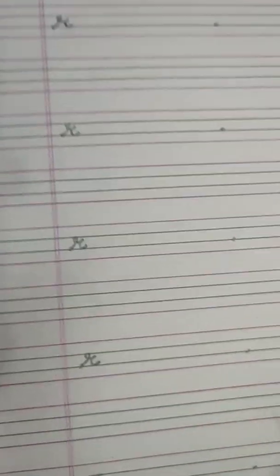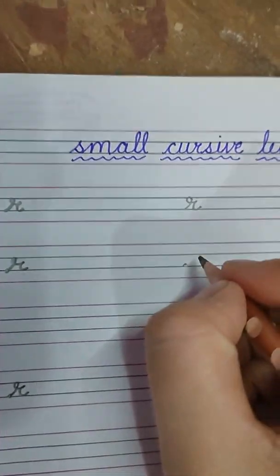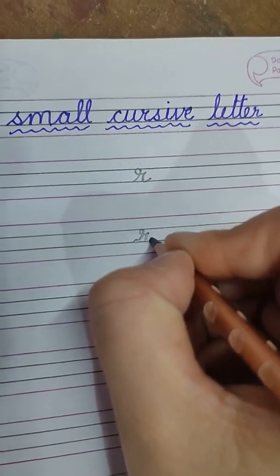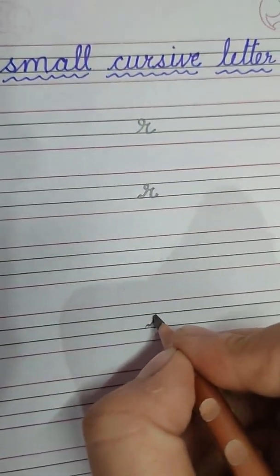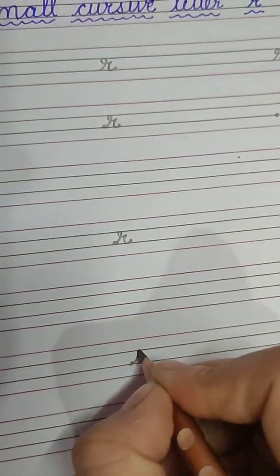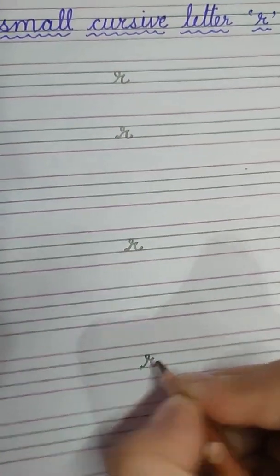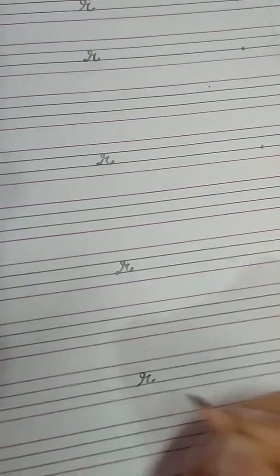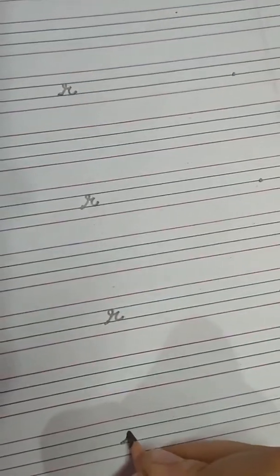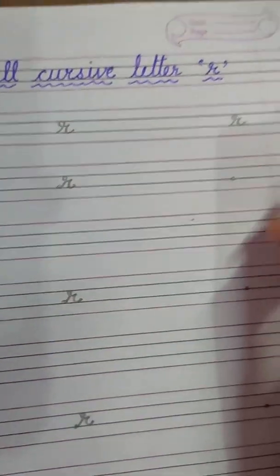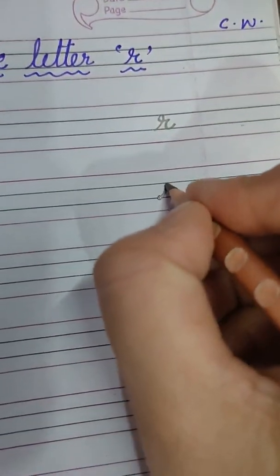This is how you have to make R, and while making this you have to recall the pictures related to letter R. R for rose, R for rabbit, R for rainbow, R for rainy season, R for radish, R for raincoat.